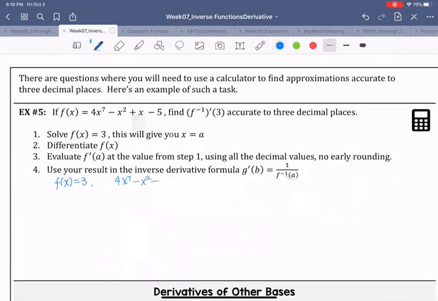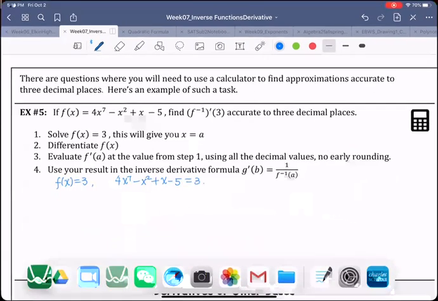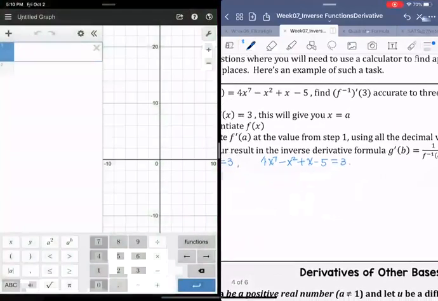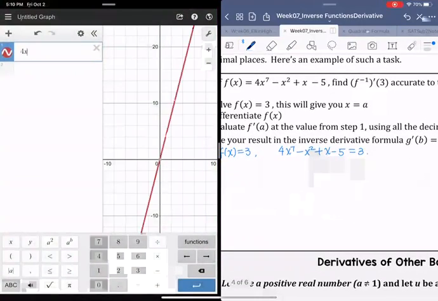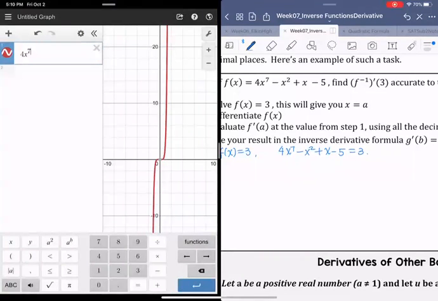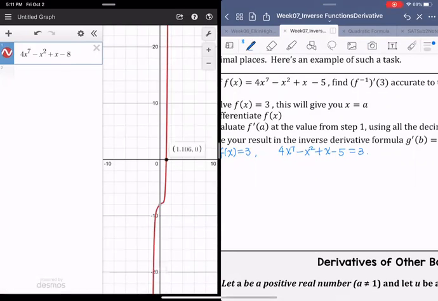Yeah, there's no way I'm factoring an x to the 7th equation by hand. x to the 7 minus x squared plus x minus 5.